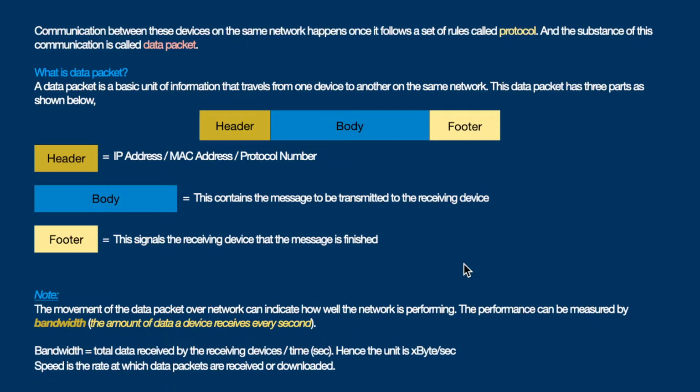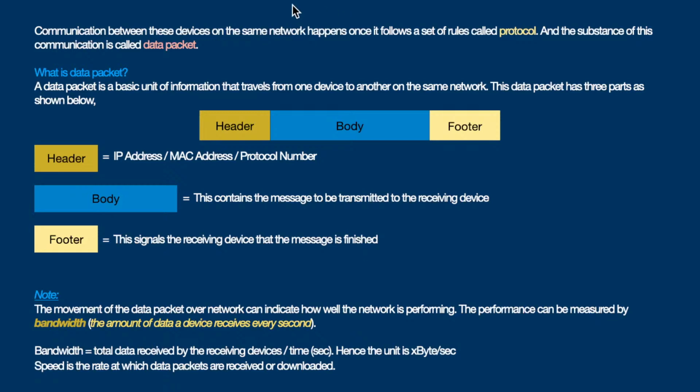So communication between these devices on the same network, underline the word same network, means that for any device you are using to connect with the internet or within your home, there must be establishment of communication between them. They must follow the rule that can enable them to talk to each other and share data.